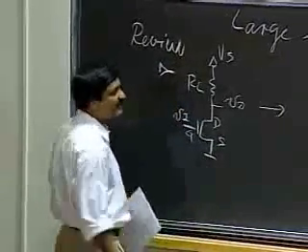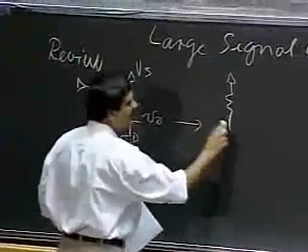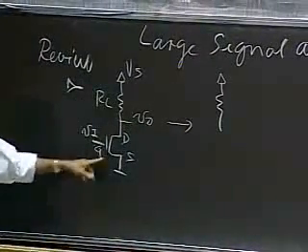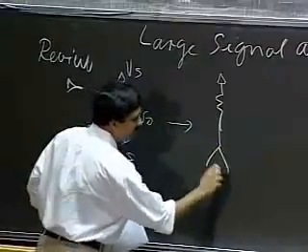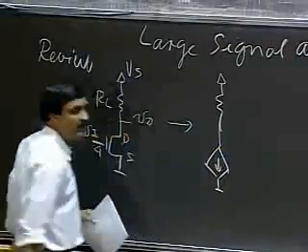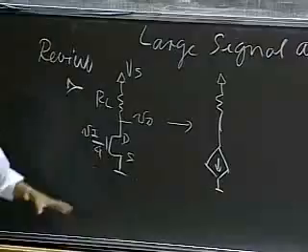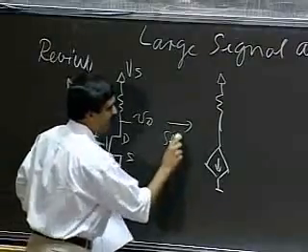And we drew the equivalent circuit for this. In the equivalent circuit, we replace the MOSFET with a dependent source, provided it operated in the saturation region.